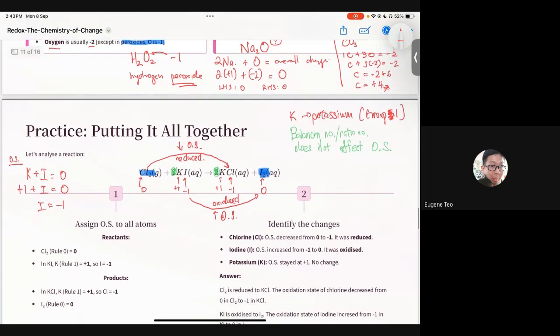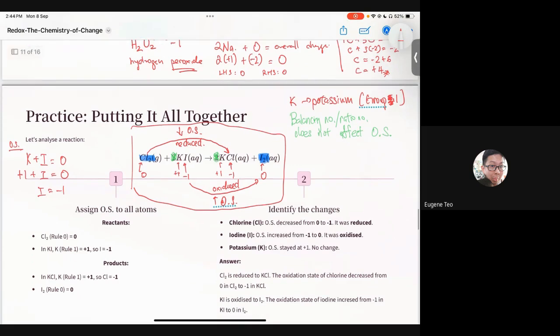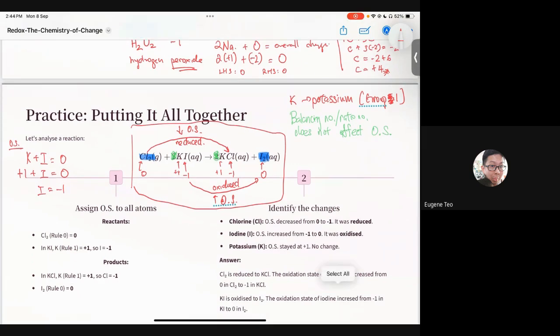Now, I want you to take note, this is the working that I will always do in my question paper. Because knowing what is the oxidation state and then knowing the arrow, actually all this helped me to write my statements. So you realize the changes was mentioned here. This is actually my diagram, the arrow plus the assignments, plus the writing.